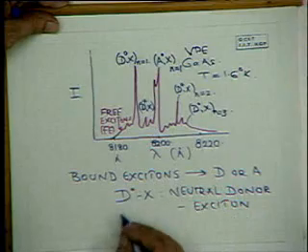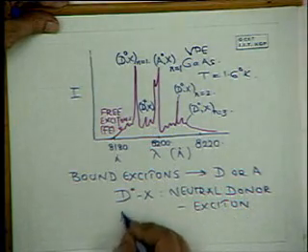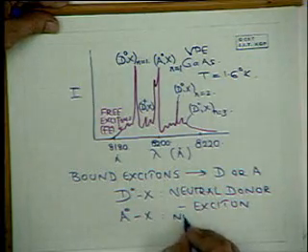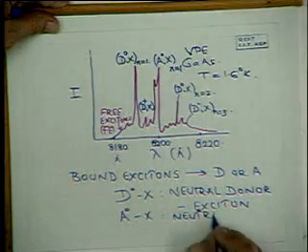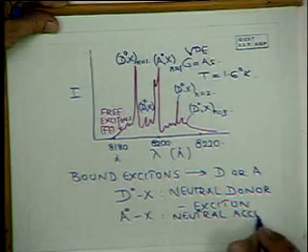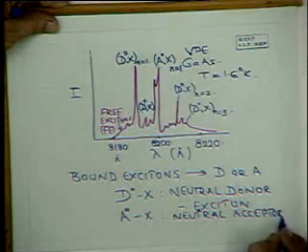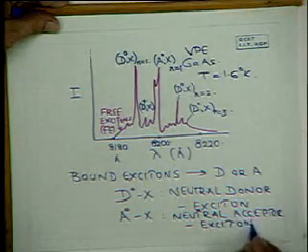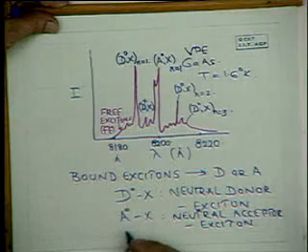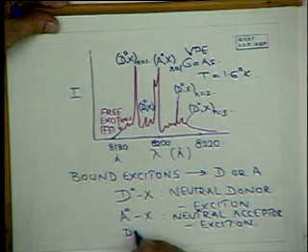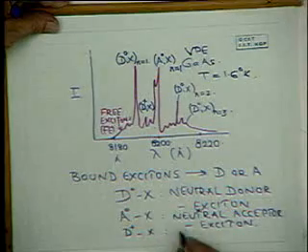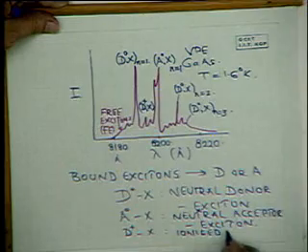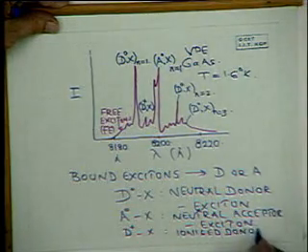We have A0x, which is a neutral acceptor bound exciton, and we have D plus X, which is an ionized donor bound exciton.